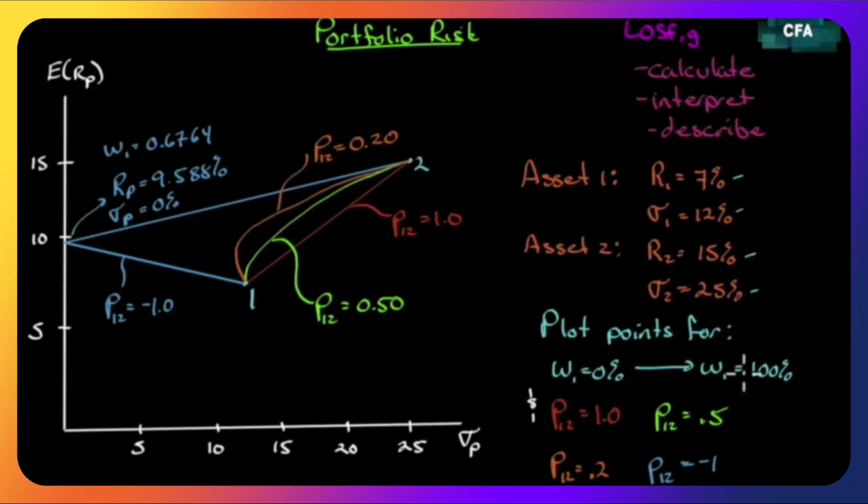But that begins to change when we relax the correlation from 1 to 0.5 to 0.2 to -1. At 0.5, look what happens here. If we have 100% of our money in the first asset, we're at this point. If we go to 99%, we start moving up along the green line. But look what happens.